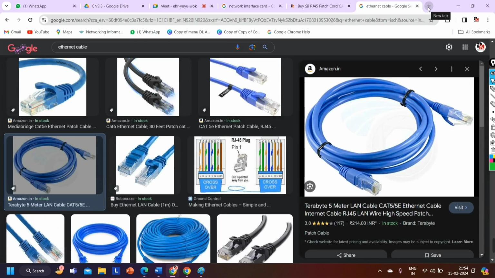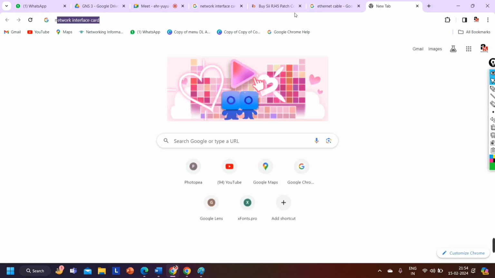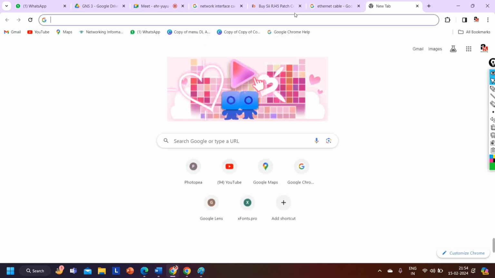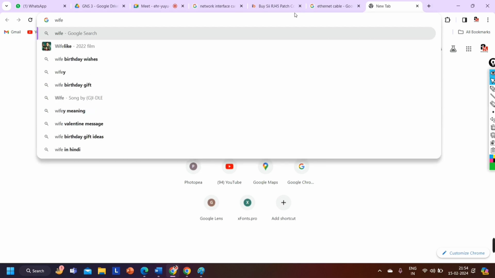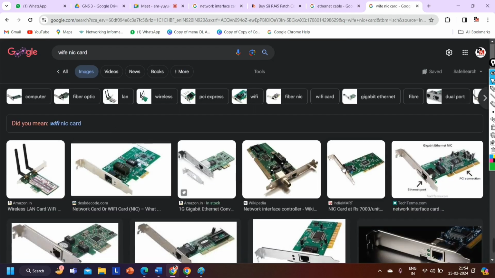Then you can connect your old CPU to Wi-Fi. You need to purchase this one, a Wi-Fi NIC card. Let me check.